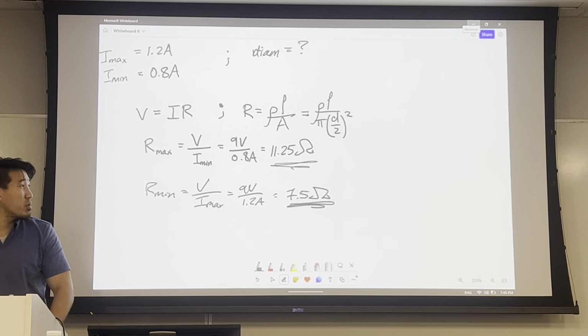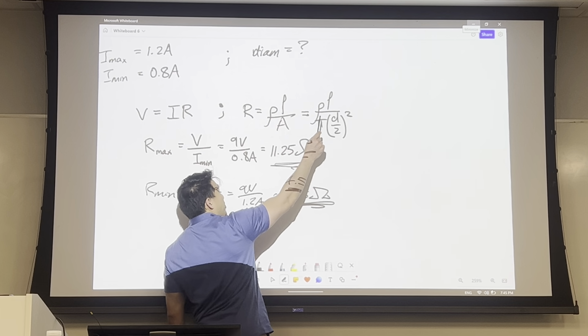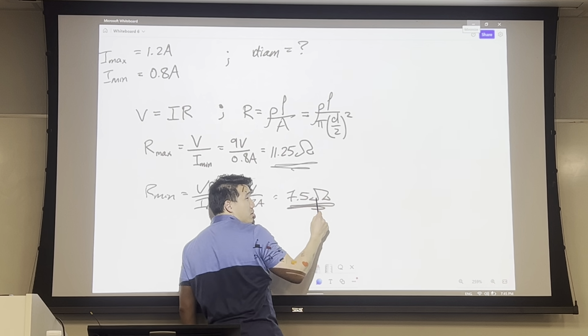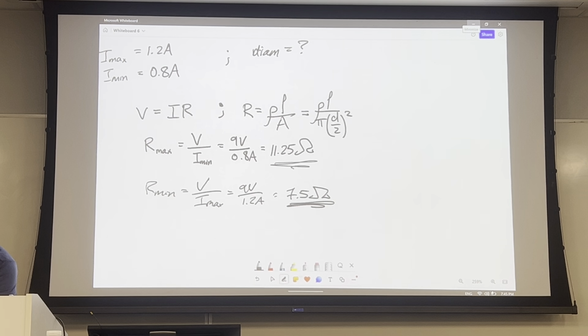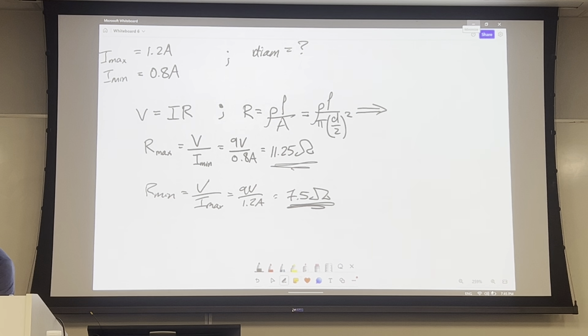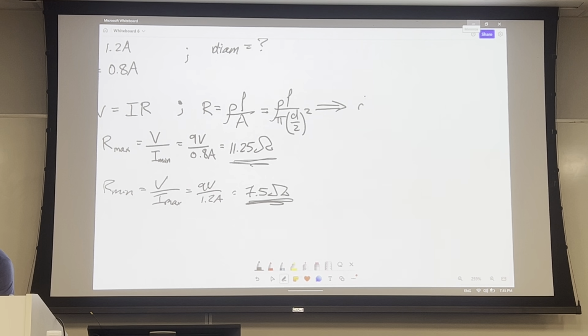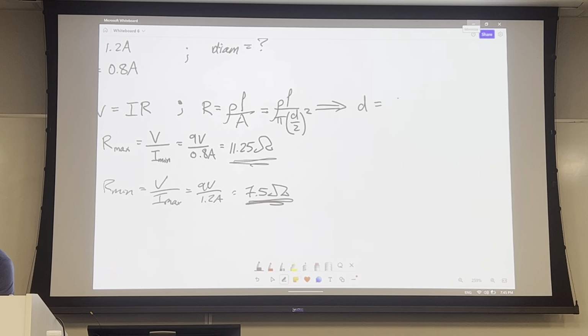So from here, we just compute what is the diameter that corresponds to these two resistance values. We can isolate for the diameter D, at which point you are going to get the square root of 4 rho L over pi times the resistance.